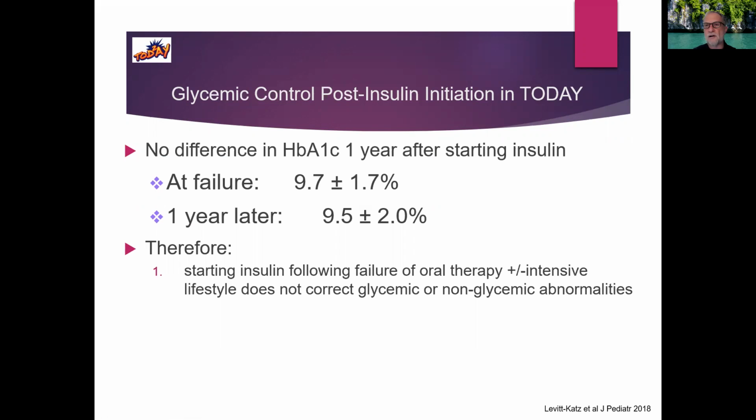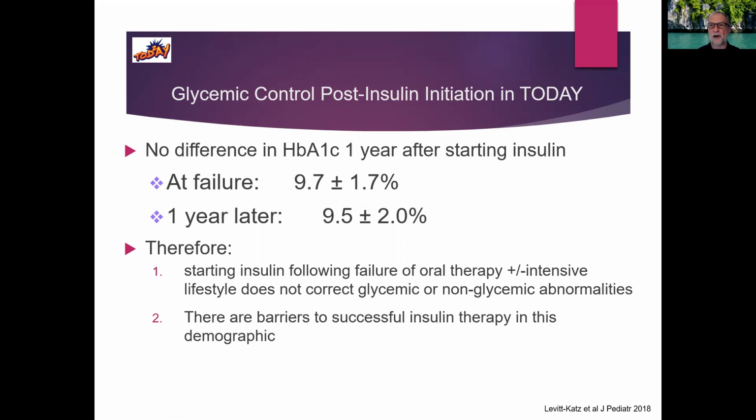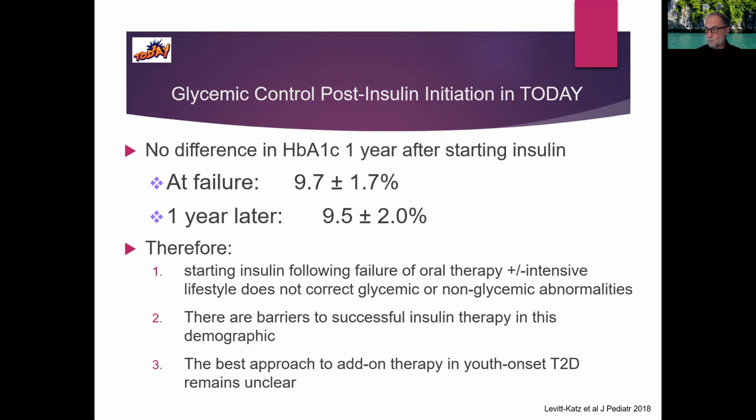So starting insulin following failure of oral therapy, even including lifestyle, does not correct glycemic or non-glycemic abnormalities such as LDL, et cetera, in this population, suggesting that there are barriers to successful insulin therapy in this demographic that remain to be understood. So the best approach to add-on therapy is not quite so simple.